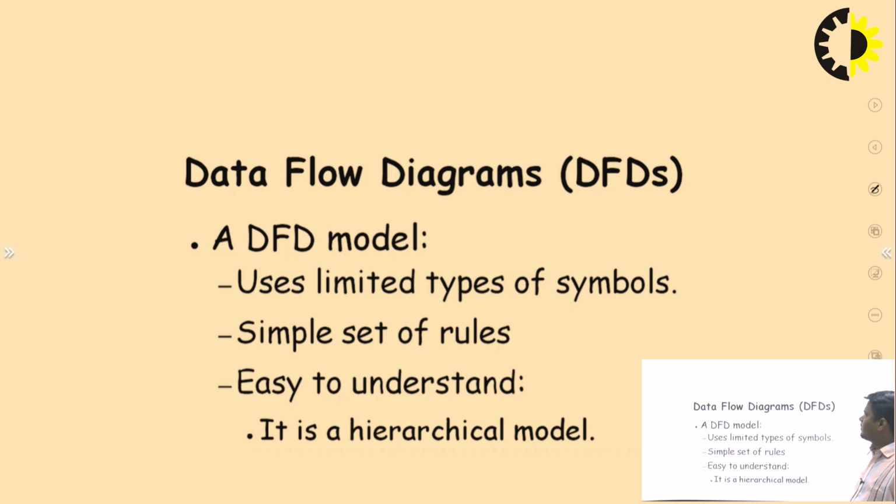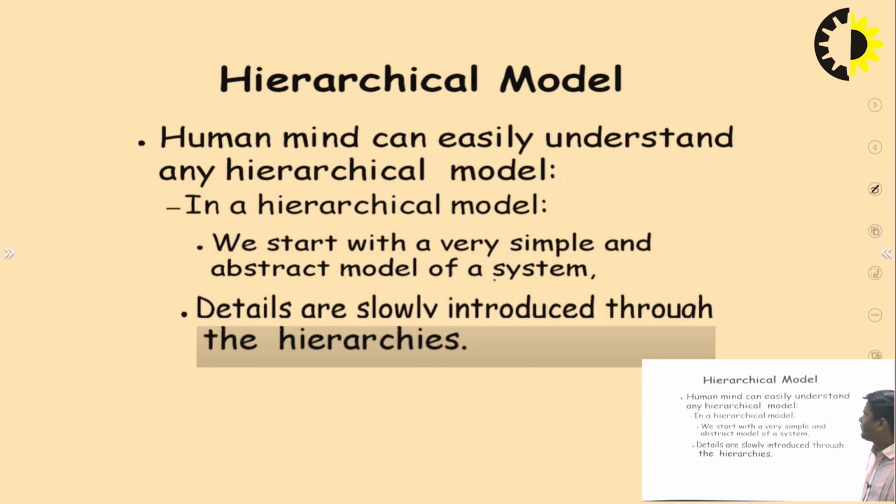Another set of important points about DFDs: the DFD model uses limited types of symbols and a simple set of rules, so it is easy to understand. It is a hierarchical model, because it is very easy, it is also easily understandable, because the human mind can easily understand any hierarchical model.